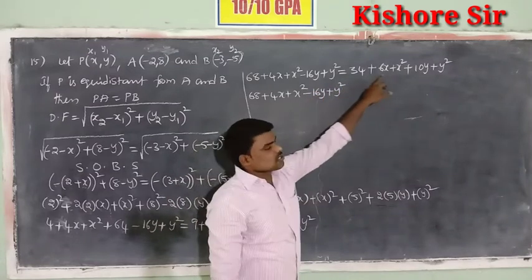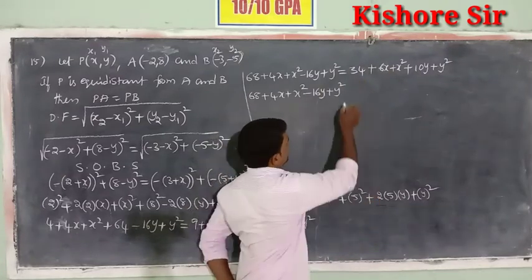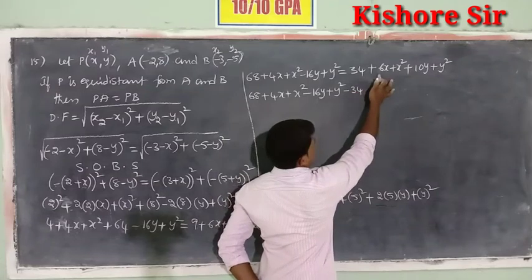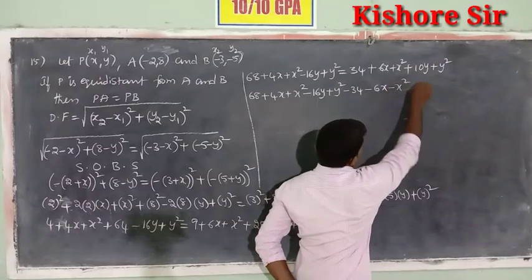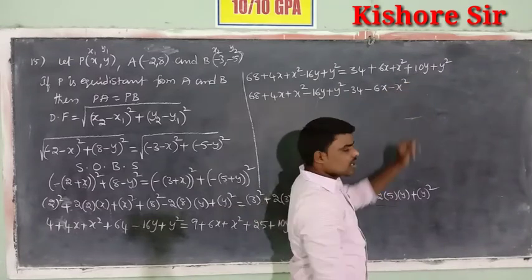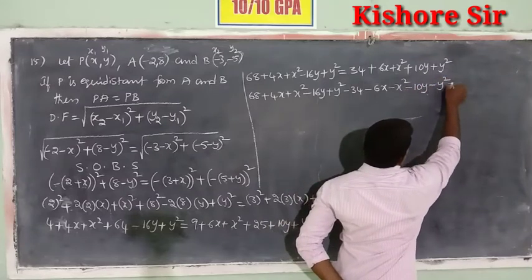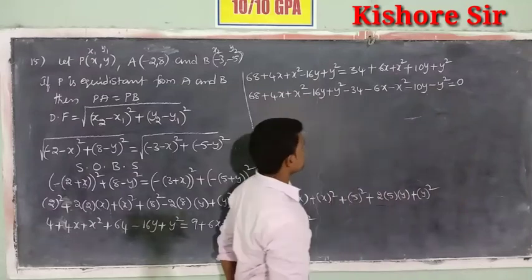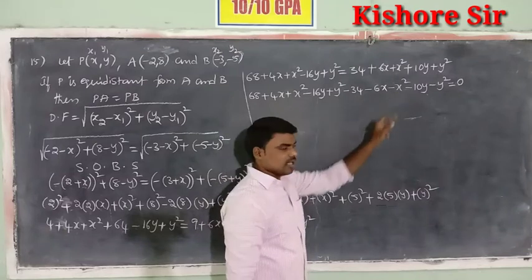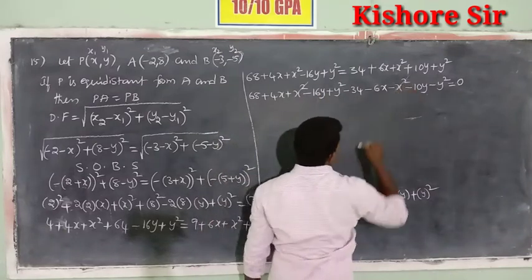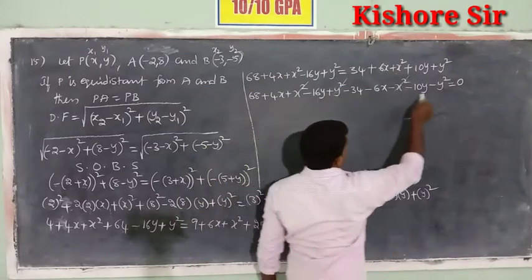Transpose all these terms from RHS to LHS: plus 34 becomes minus 34, plus 6x becomes minus 6x, plus x square becomes minus x square, plus 10y becomes minus 10y, plus y square becomes minus y square, that equal to 0. Okay, now plus x square minus x square cancel. Plus y square minus y square cancel.